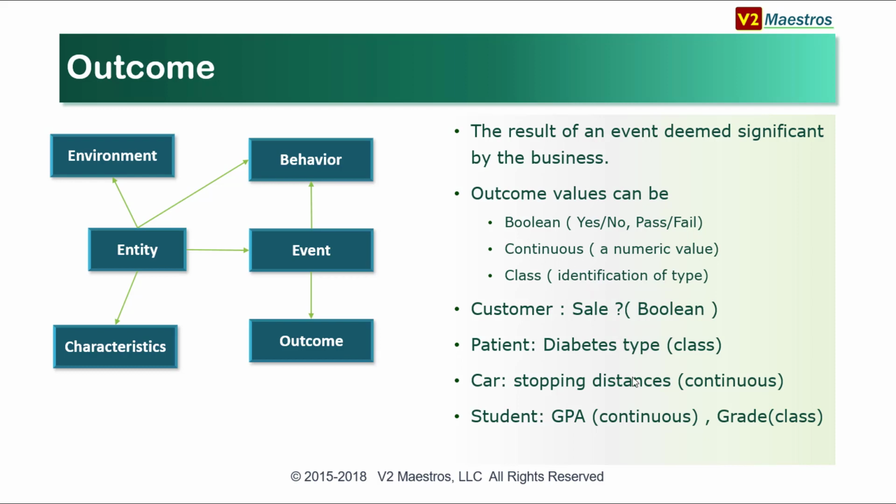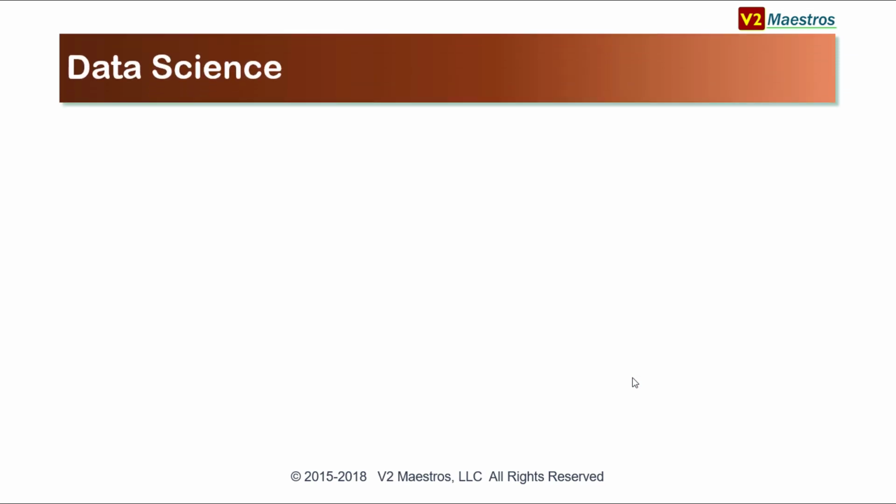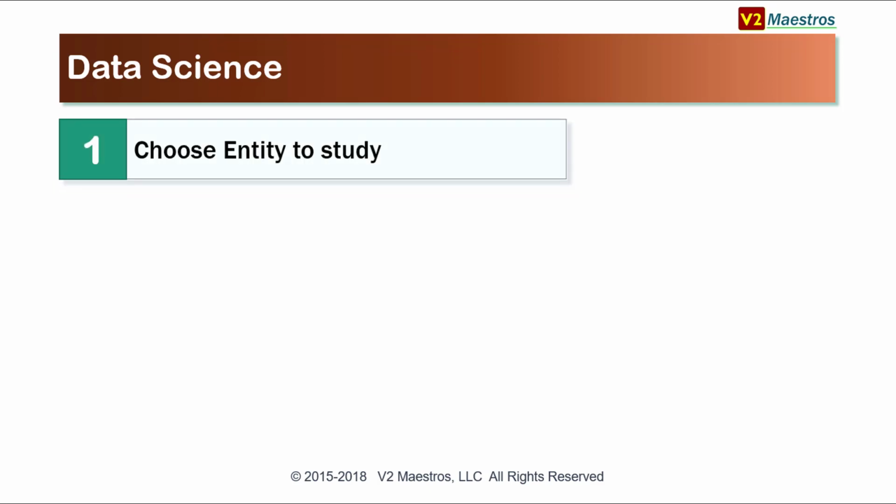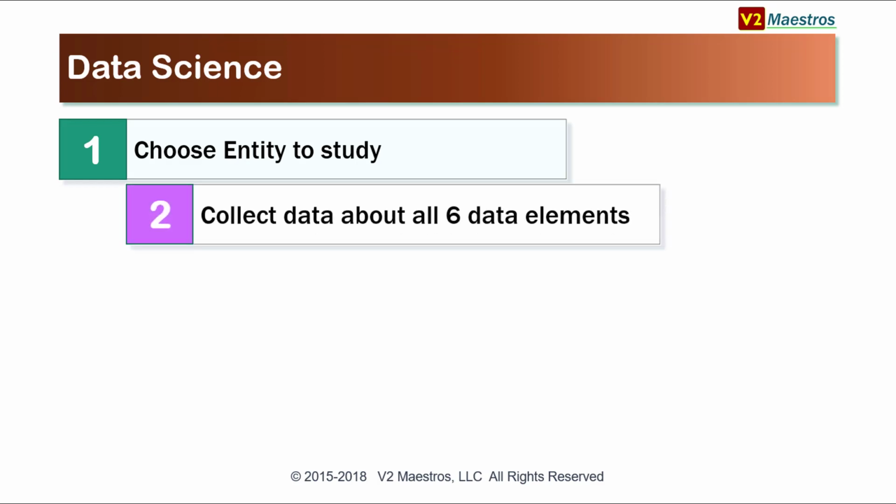Now that we have looked at the 6 elements, let us try to redefine data science in these terms. In data science, you first choose a set of entities to study. You collect data about all the 6 elements. Remember that these 6 elements are interrelated and their relationships should also be collected, like the relation between a student and his GPA score and his age.